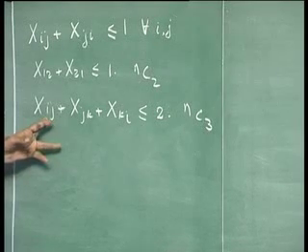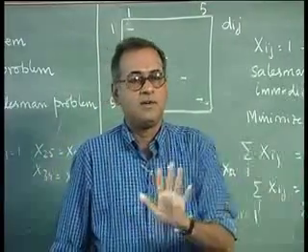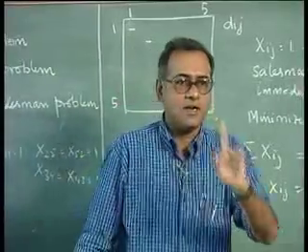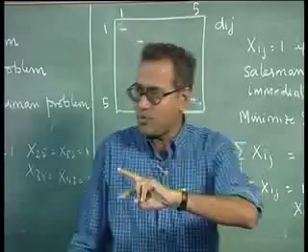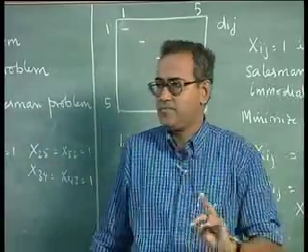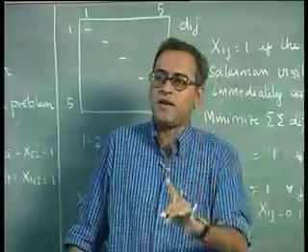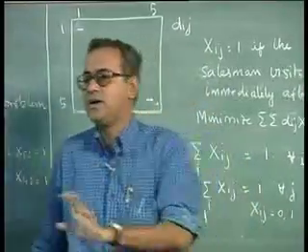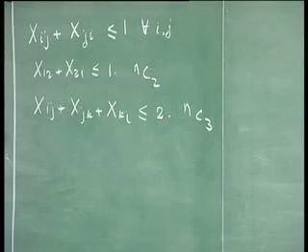Is that clear? I repeat, if I have a 3 city subtour in a 5 city TSP, then the remaining 2 cities can become either a single subtour of length 2 or 2 subtours of length 1 each. No other possibility exists. Therefore, if I eliminate all 1 city subtours and all 2 city subtours, I automatically eliminate all 3 city subtours, which I have already done. So I do not have to put this NC3.